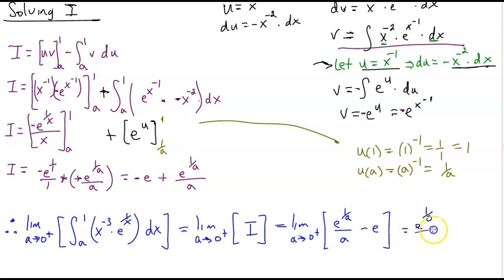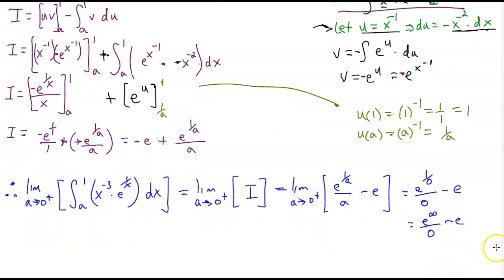And essentially just plug in 0 wherever you see a. And unfortunately, this first term here is going to be an undefined term, mainly because in terms of limits, we know that 1 divided by 0 would be infinity. And of course, if we keep on doing it, that would be e to the infinity, which is an infinity. And of course, now you've got an infinity over 0. And again, that is an indeterminate form we can't deal with.